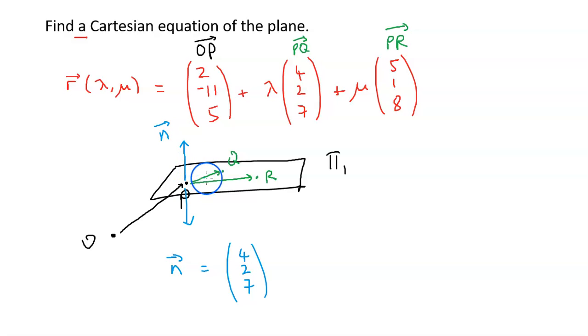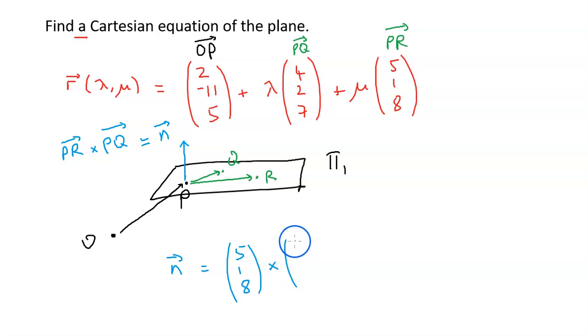It doesn't really matter because this is just a diagram, but just to make it more clear, I'm going to redo this. So n is equal to PR cross PQ, according to my diagram. So PR is (5, 1, 8), and then it's crossed with (4, 2, 7).